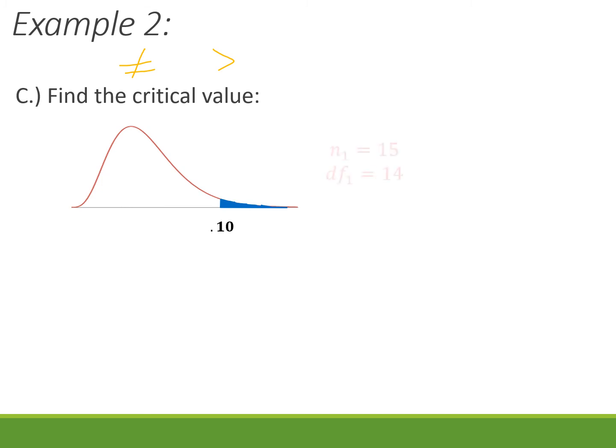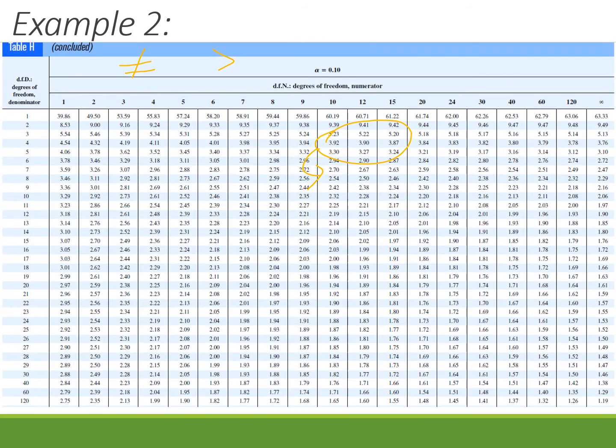We talked about which sample went on top. It was the sample that had 15 as the sample size, and that gives us degrees of freedom of 14. Second sample at a sample size of 25, degrees of freedom is 24. Now we jump to our table, and we're going to look at the intersection of those two values. So closest thing to 14 is still this one right here.